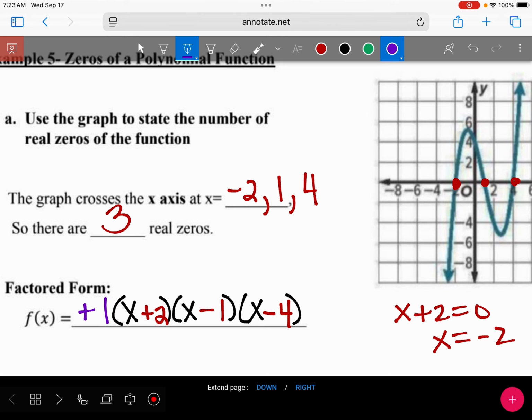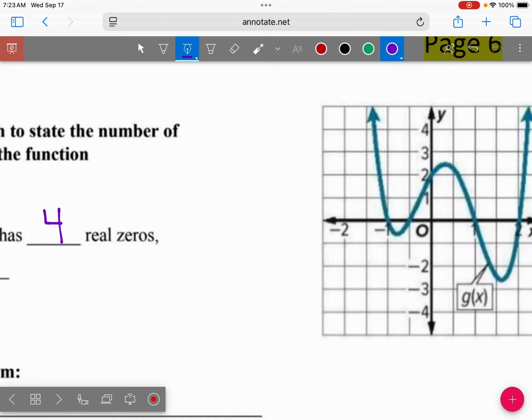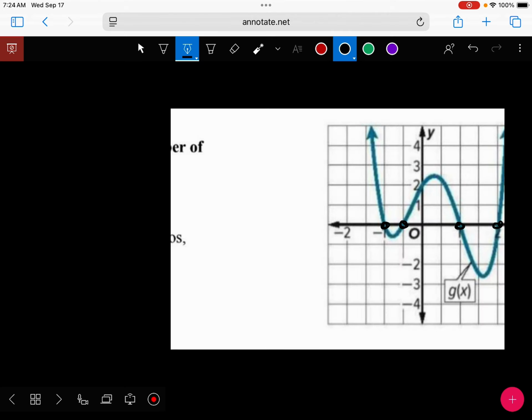All right, let's do our next one. How many times does this one cross through? 4. So we have 4 zeros. So this one looks like it's counting by a half, which is kind of ugly, but we'll go with it. So the first one is at -1.